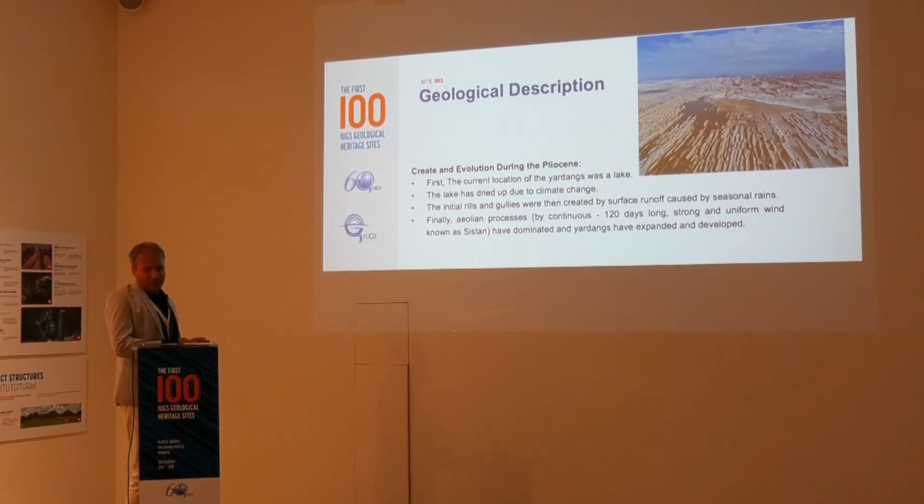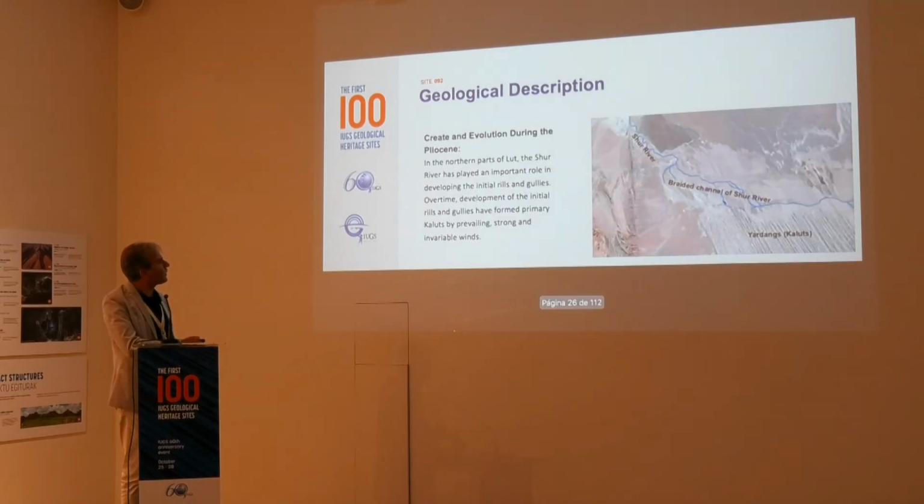Some geologists believe there is another reason for these yardangs: some lineation and a faulting system in this same direction helps to create this kind of feature. But the Shur River, a very big permanent river running from north to south, also had a big effect in creating these yardangs.